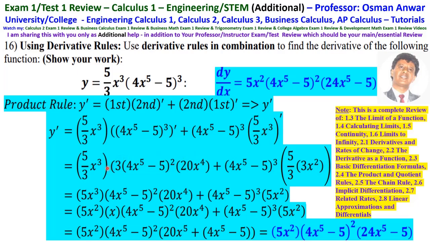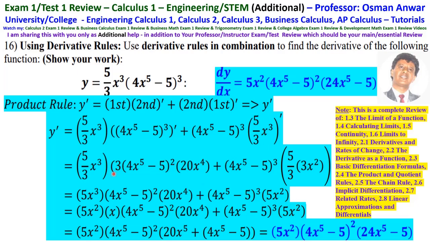Then here, this 3 cancels this 3, this is 5x to the third times (4x to the 5 minus 5) all squared times 20x to the 4. And here this 3 cancels this 3, this is then (4x to the 5 minus 5) to the third times 5x squared.